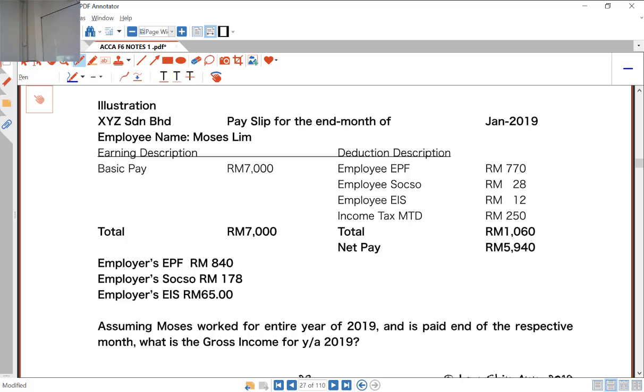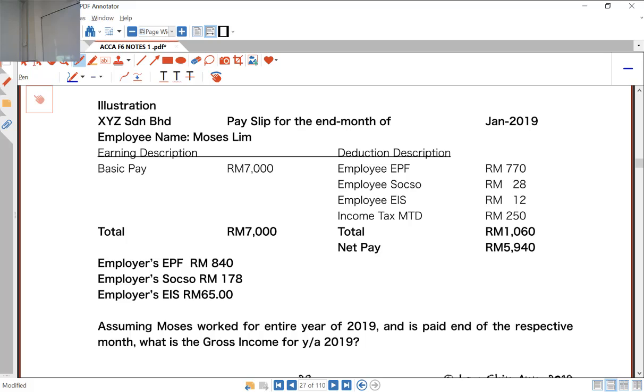SOCSO is the insurance one. EIS is not so much on the insurance. If, for example, while coming to work you get an accident, SOCSO covers it. EIS is for the jobless. It's a new thing that the government created. To me, it is how the government sucks money from the people.